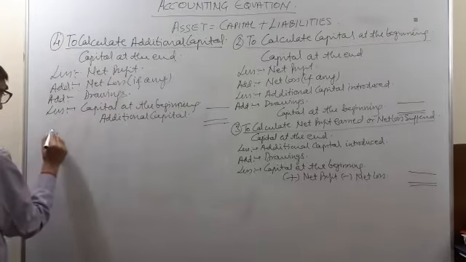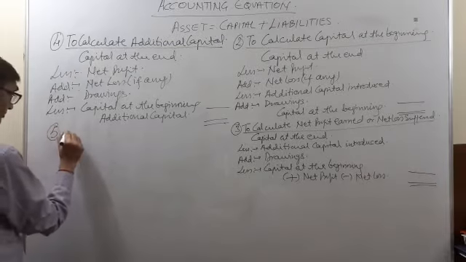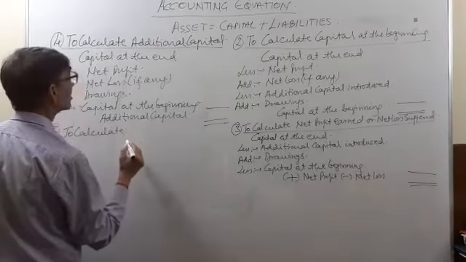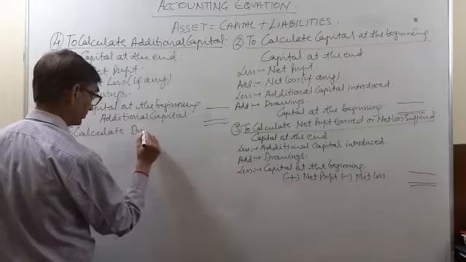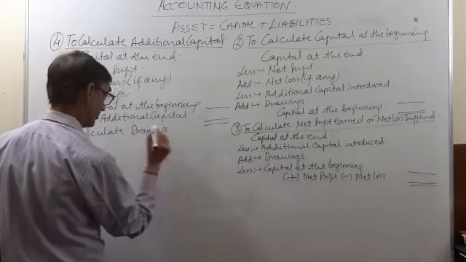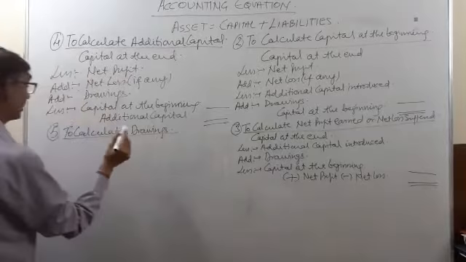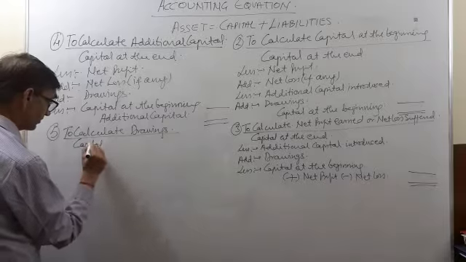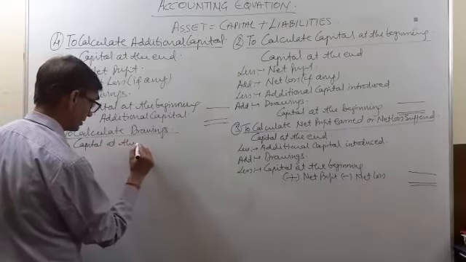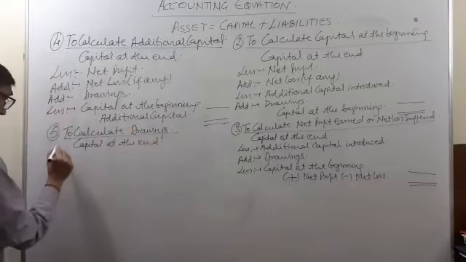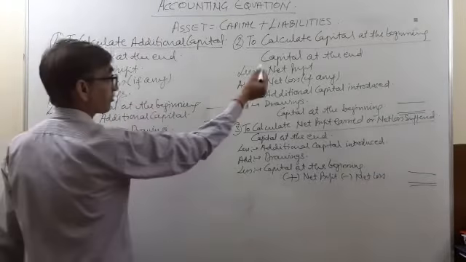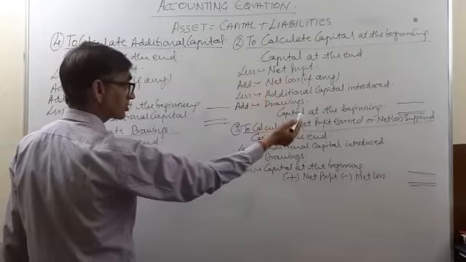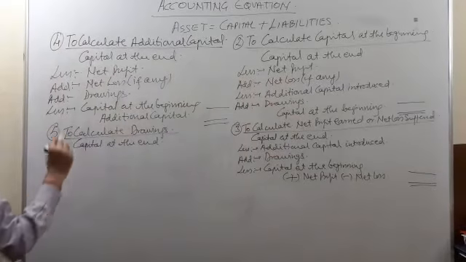Now the fifth statement is to calculate drawings. Here again we will start with capital at the end. Now profit or loss is known to us, additional capital introduced is known to us, and the capital at the beginning is also known to us.